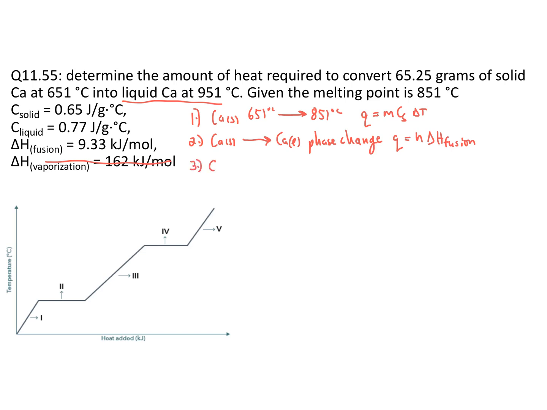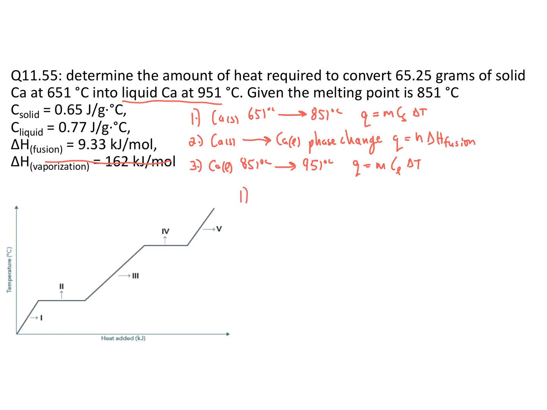I need to warm that up to 951 degrees Celsius. And now I'm back to Q equals mc delta T, except this time I'm going to use the specific heat of the liquid calcium and not the solid calcium that I used in step 1.